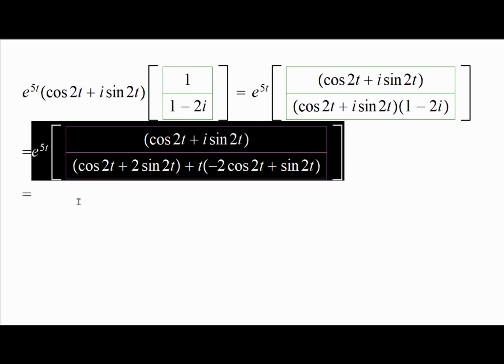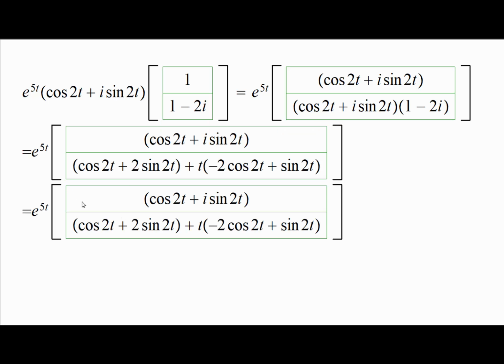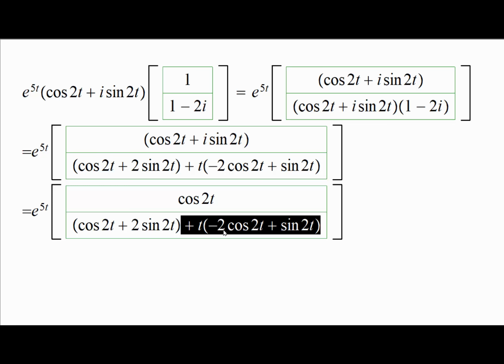Now we can go ahead and split the real part and the imaginary part, right? This is the real part here, and I made a typo, didn't I, in a hurry? Sorry about that.